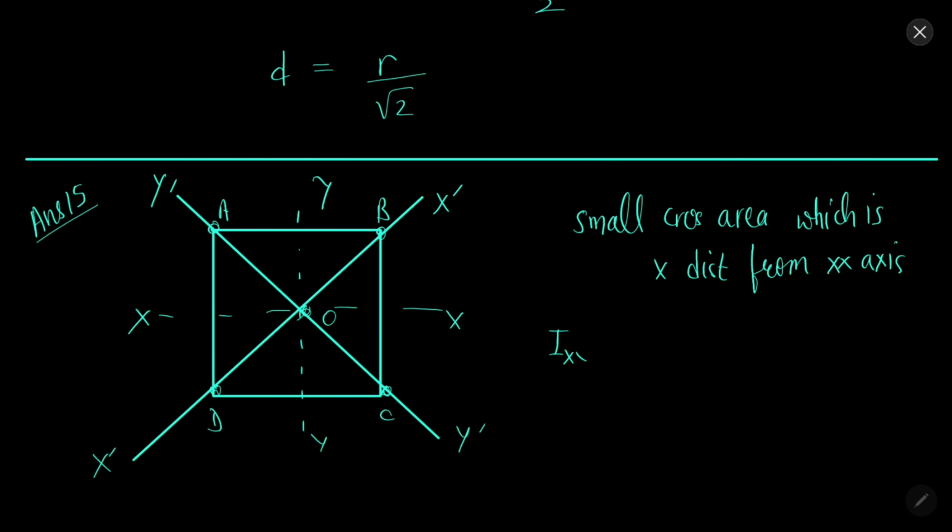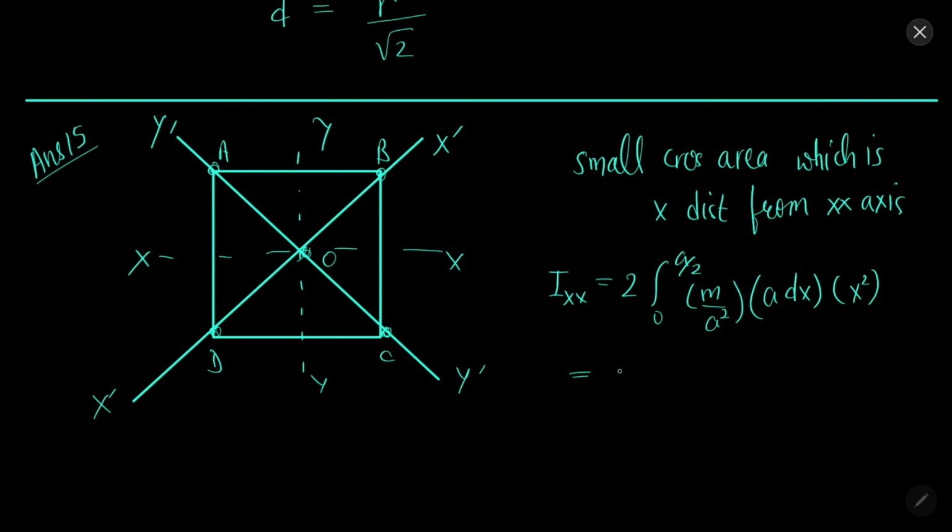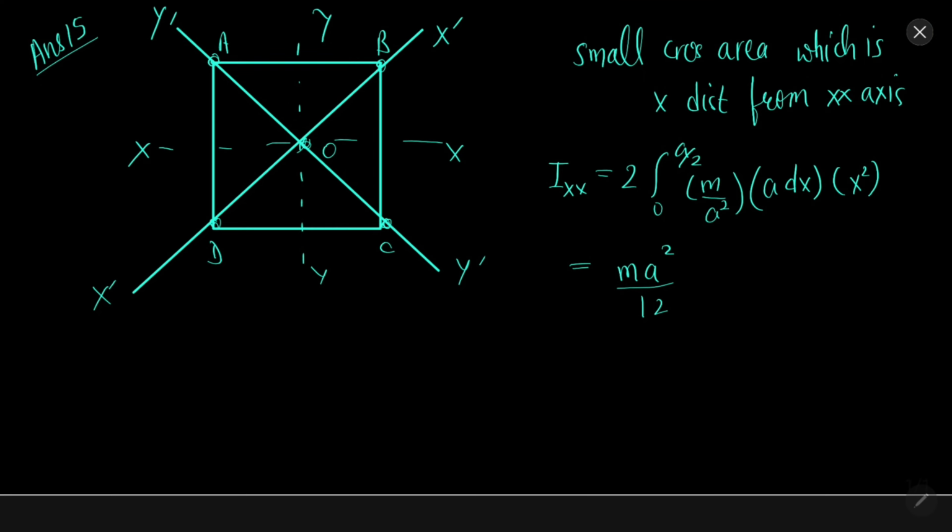So the moment of inertia is 2 times the integral from 0 to a by 2 of m over a square, a dx, times x square. So after simplification we will obtain ma square by 12.